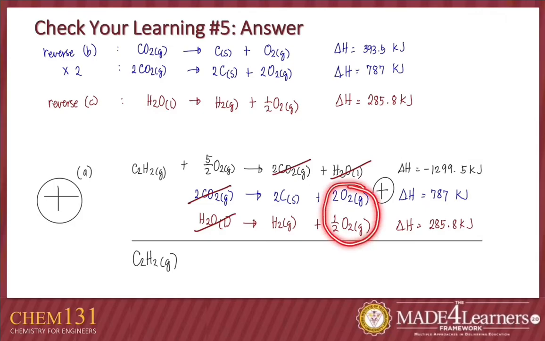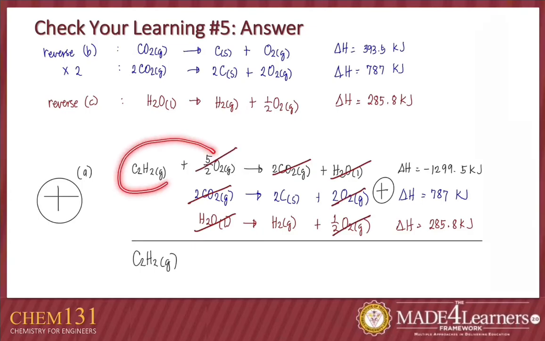Naatay oxygen din eh. So, pila man ni? Duha og tunga. 2 and 1/2. When you add them, 2.5 is 5 halves, right? And that's equal to 5 halves here on the left side. So, we can cancel oxygen. So, meaning sa reactant side, ang mahabilin si C2H2 ragyod acetylene.